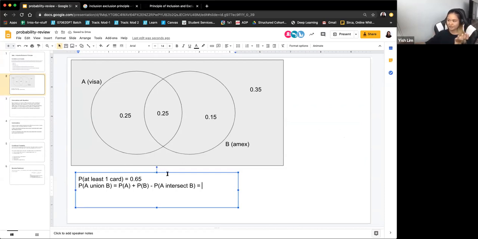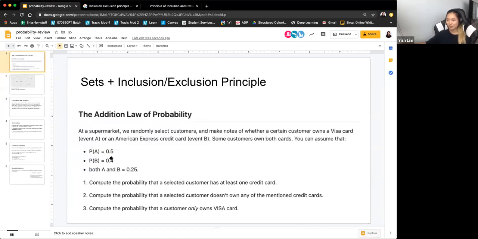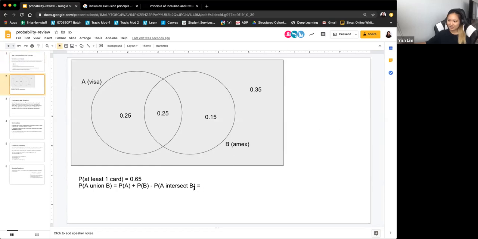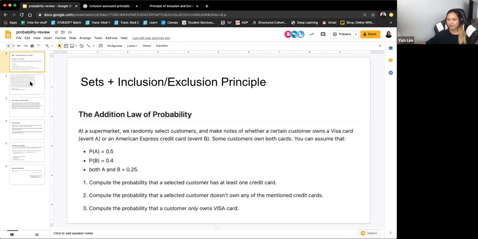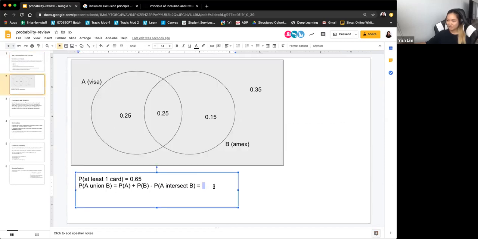Probability of A and B was given to us in the question, 0.5, 0.4. And A intersect B, also given to us here, 0.25. So we can just plug in those numbers really quick. Let me just make it on a new line.